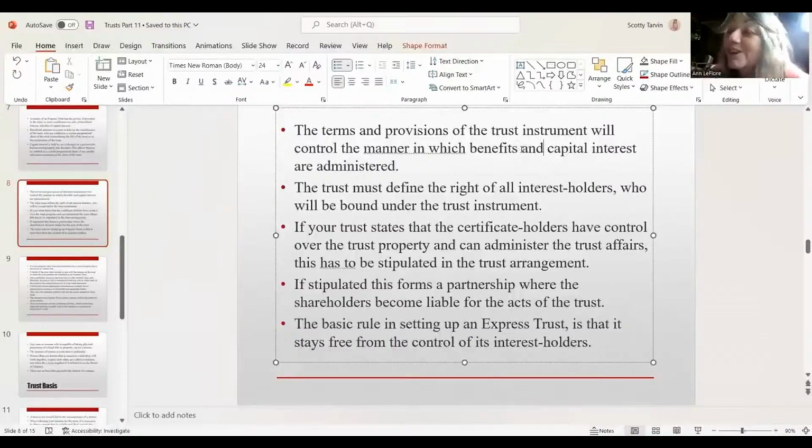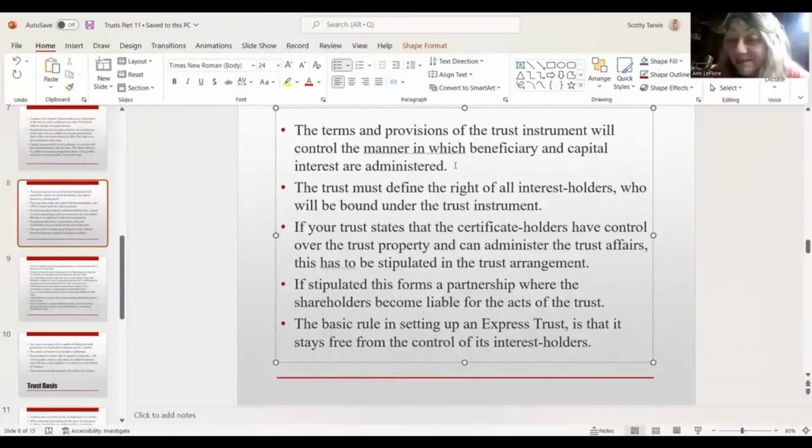It's a beneficiary interest certificate, and it's a capital interest certificate. And we have to administer the beneficiaries' certificates and the capital interest certificates, and we outline how we deal with them inside the trust corpus.